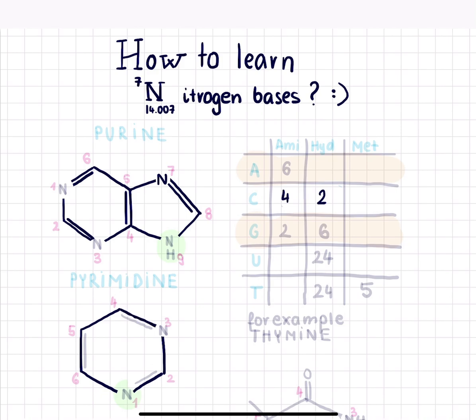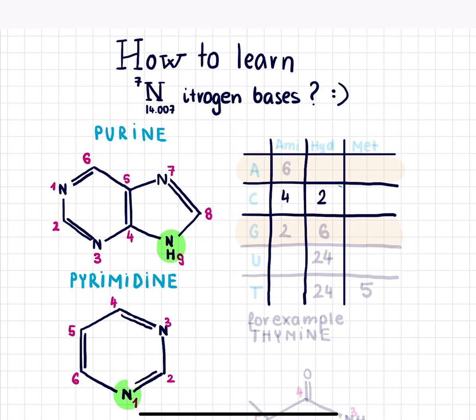And then I construct myself a table with letters that are first letters of each nitrogen base, so A, C, G, U, T, and we have 3 columns, each standing for additional group that is attached to the ring.